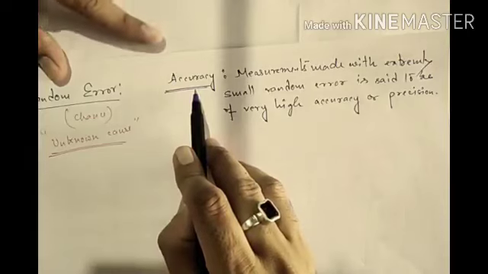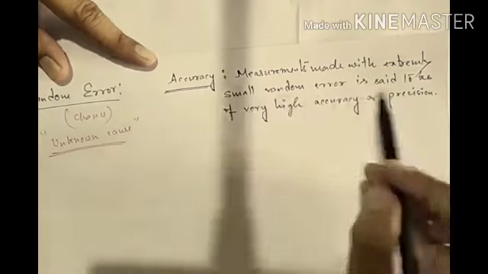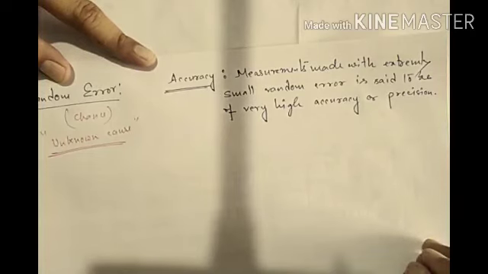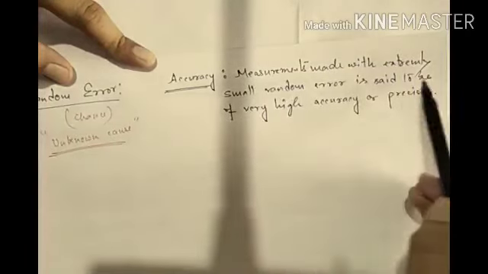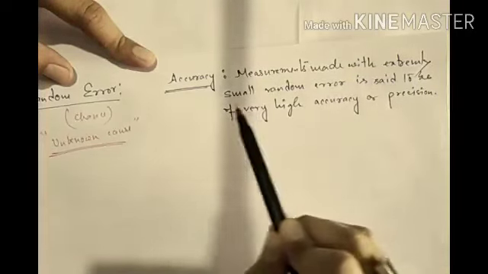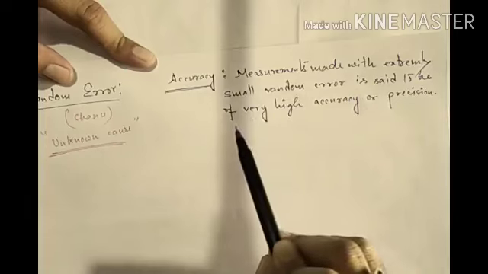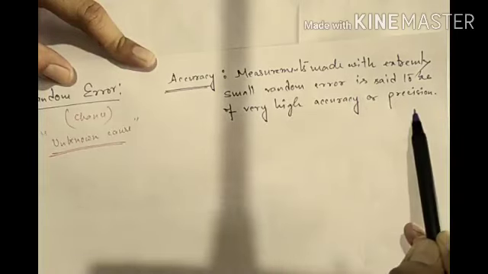Accurate measurement means extremely small random error. If I measure something and while measuring that amount of random error is very, very small, then I will call that measurement to be very, very accurate. And therefore it is correctly written that measurements made with extremely small random error is said to be of very, very high accuracy or precision.